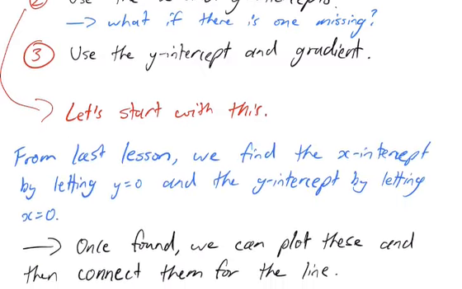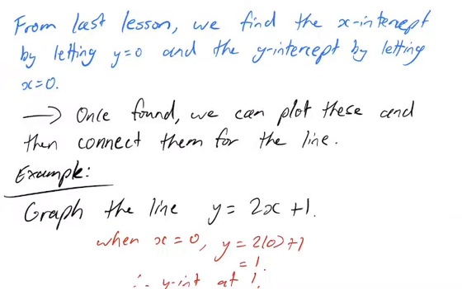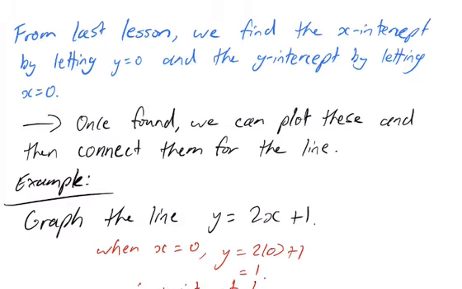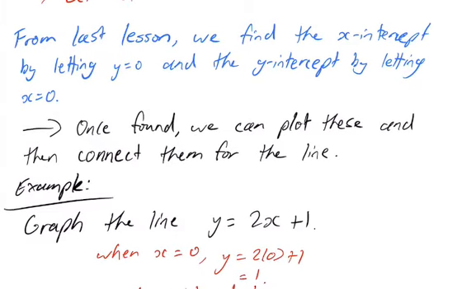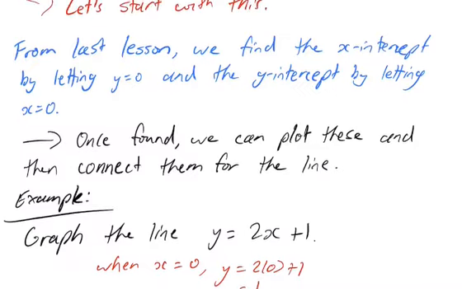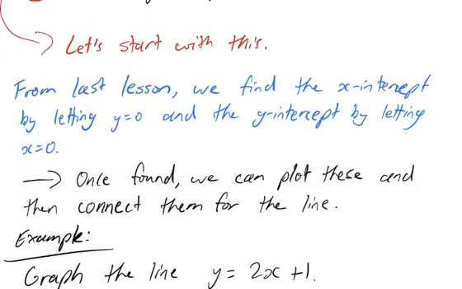From last lesson, we found the x-intercept by making y equal 0, and the y-intercept by letting x equal 0. Once we've found those, we can plot them on our Cartesian plane and connect them for a line. In this example, let's graph the line y equals 2x plus 1.